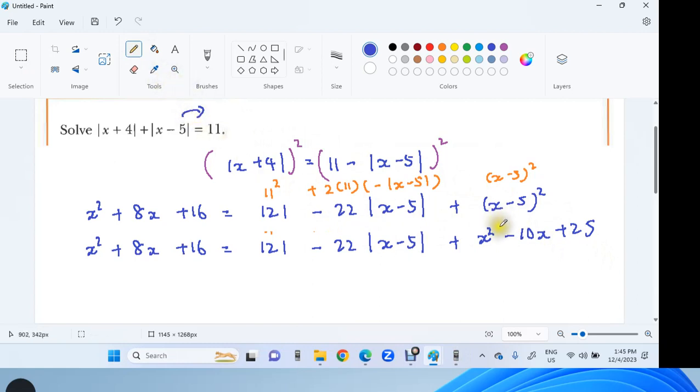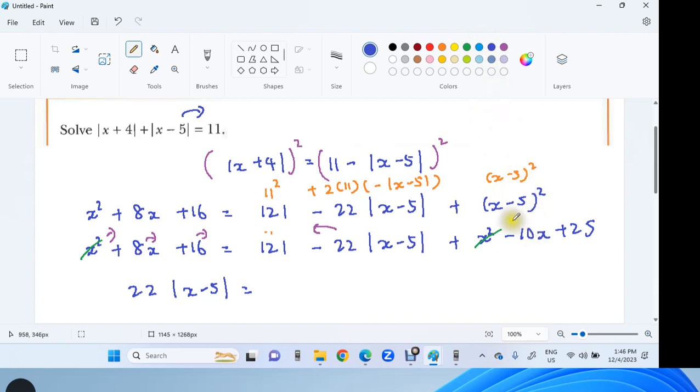So for this one, what I will do is I move this in front, and this I move behind. So I have 22 modulus x minus 5 equal to x squared minus x squared, so we don't have x squared anymore.